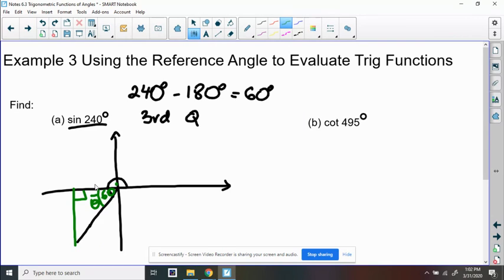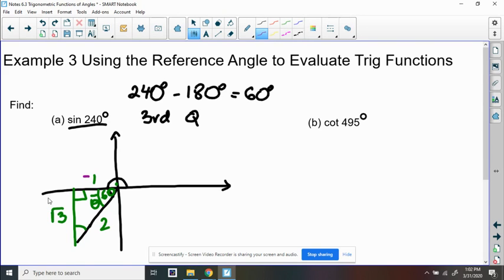Now we have to recall what we know from special triangles. The side across the 30-degree angle would be 1. Then the hypotenuse is twice as long, so it's 2. And the side across the 60-degree angle is square root of 3. What we have to keep in mind is where we are here. This is -1 because we are on the negative side of the x-axis. That's r.